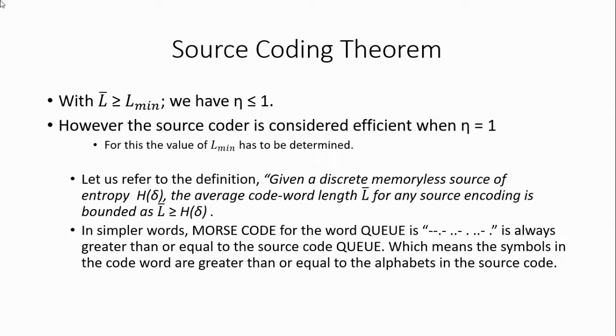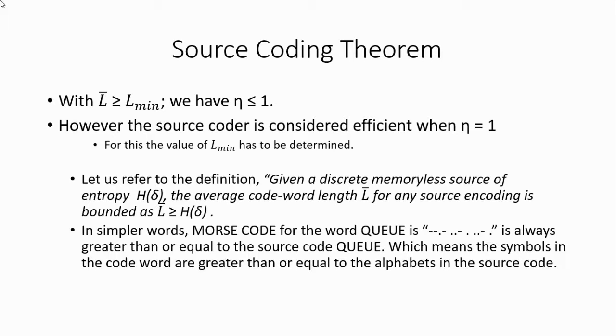So the L value has to be determined. According to the theorem, for a discrete memoryless source of entropy H of delta, the average code word length L for any source encoding is bounded by L greater than or equal to H of delta.